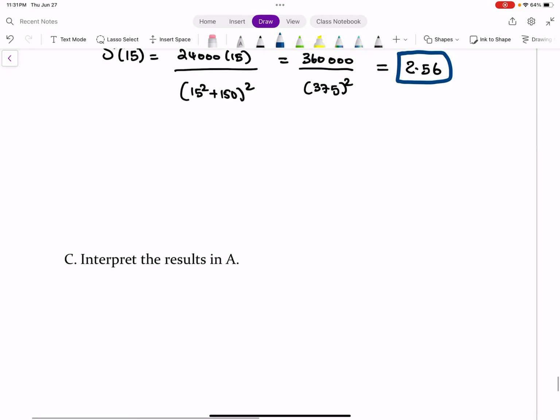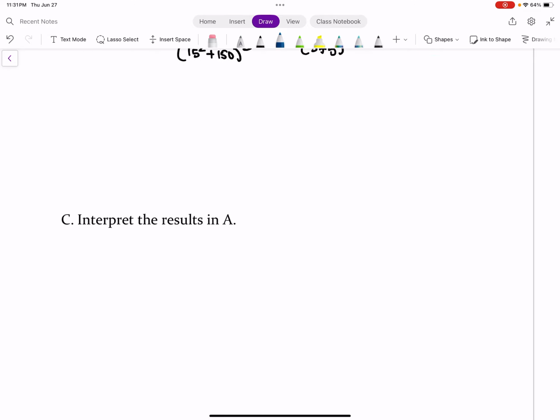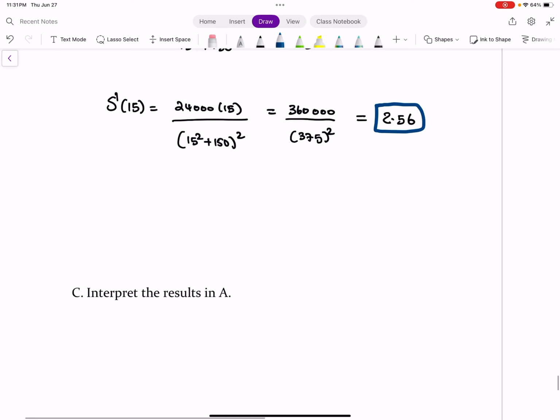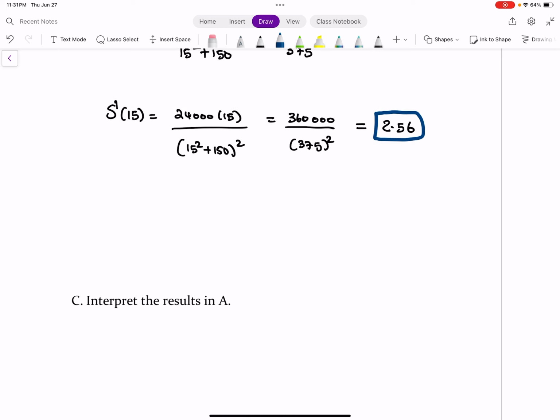Now once we get this, interpret the result. So your interpretation is: the first result is 48 times 1,000, which becomes 48,000.